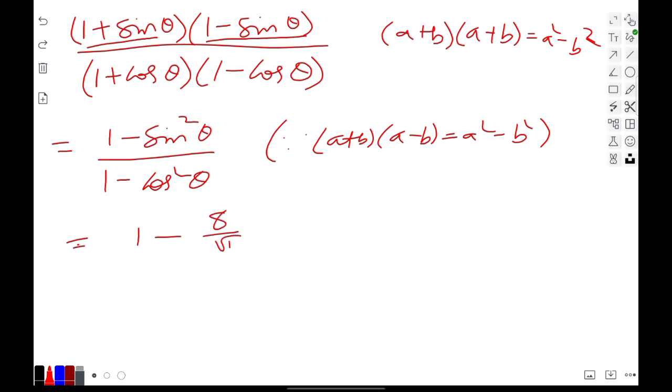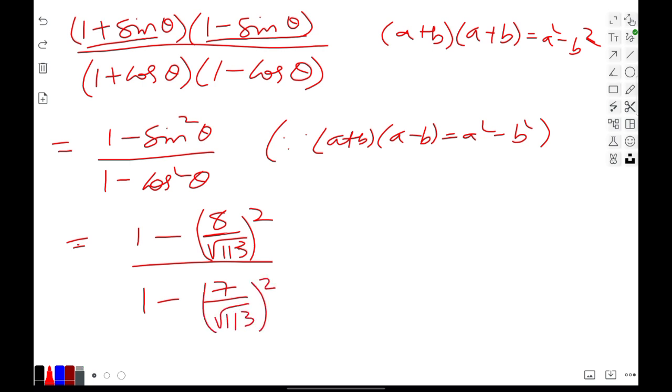So 1 minus 8 by root 13 whole square by 1 minus 7 by root 13 whole square. Okay, so that is what we get here.